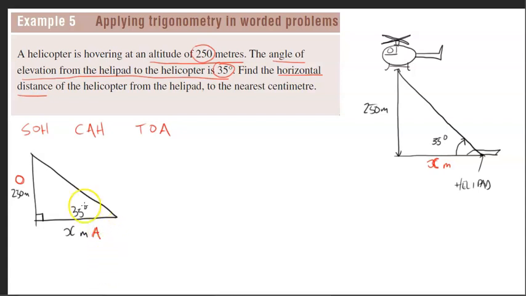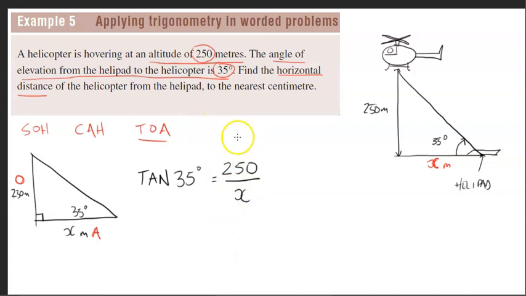So what we're going to be using, which involves O and A, is tan. So let's write down this formula. We can say that tan of 35 degrees is equal to 250, because that's our opposite, over x, which is the line that we're trying to find.